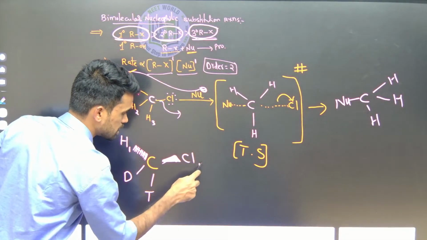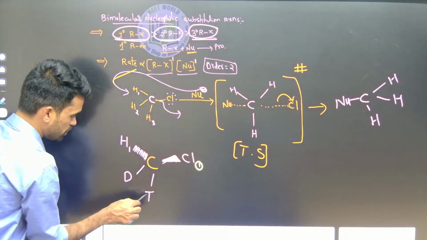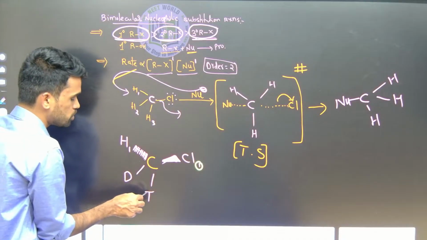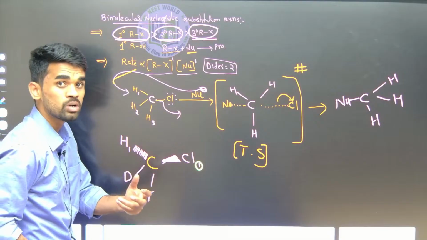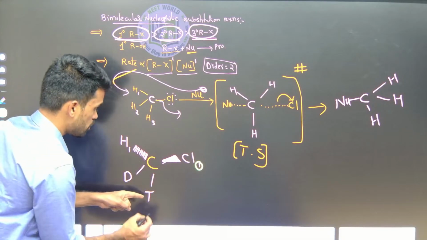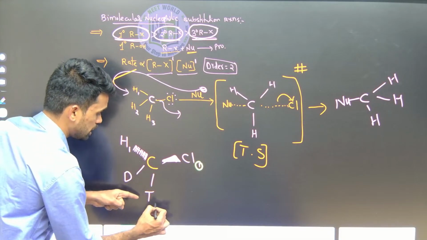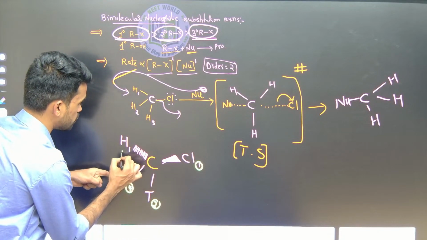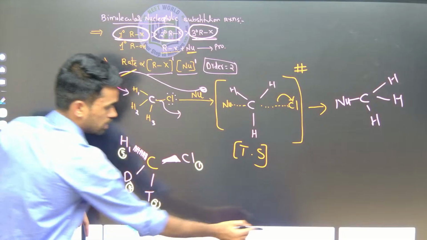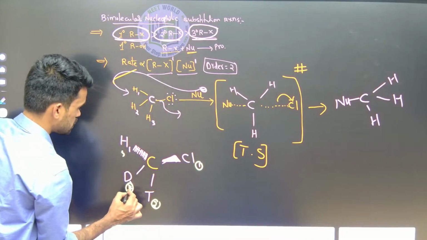So this is considered to be 1. Between these three, all of them are isotopes of hydrogen. So the atomic number is the same, but they do have different mass numbers, right? So the mass number is highest for which one? Tritium. So this should be 2, deuterium is 3, and our hydrogen atom protium is 4.